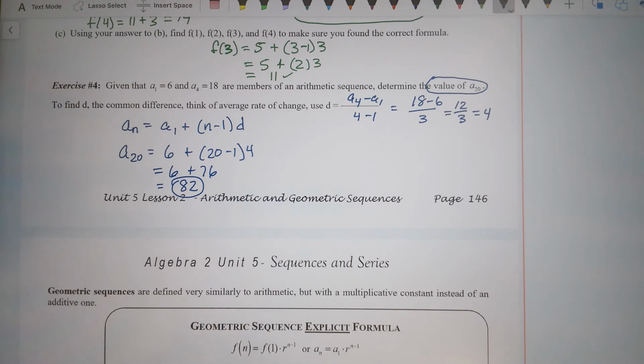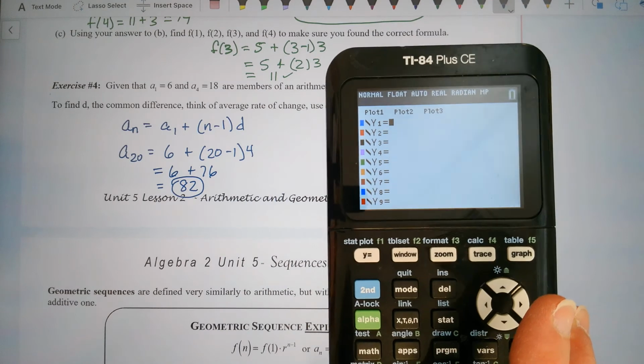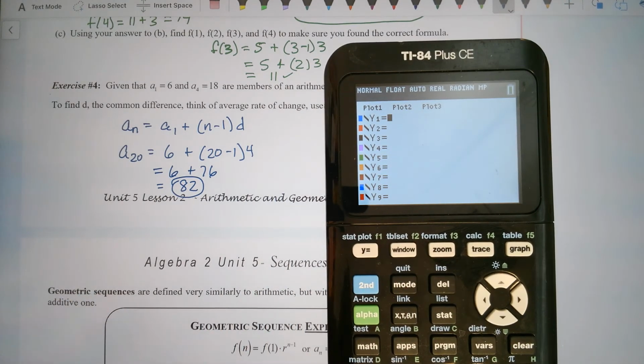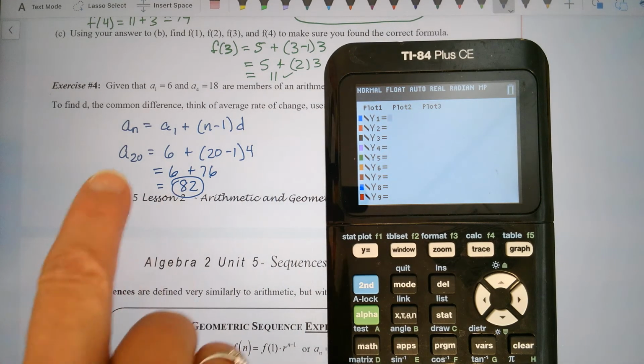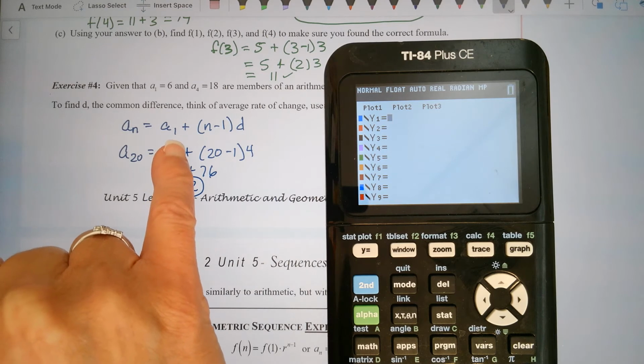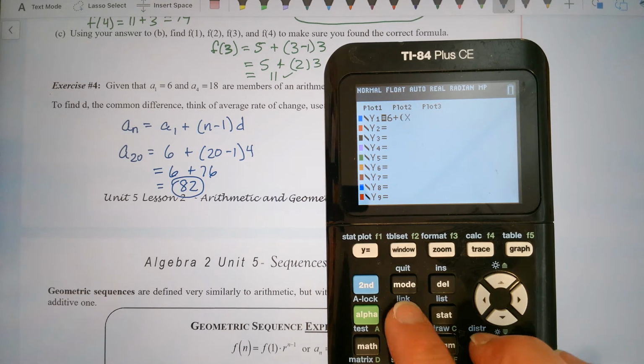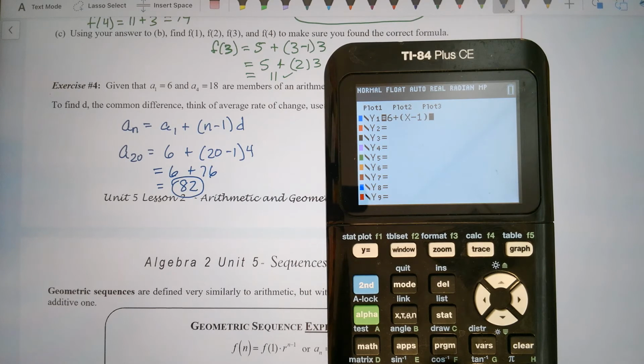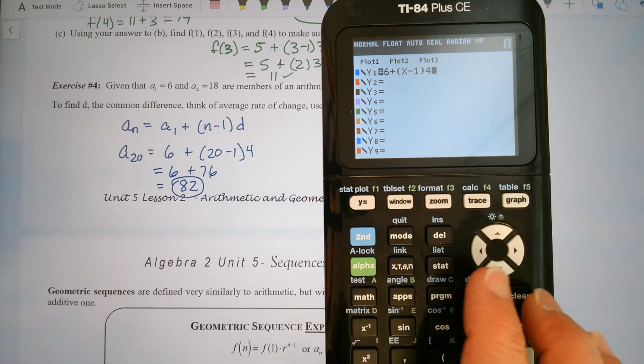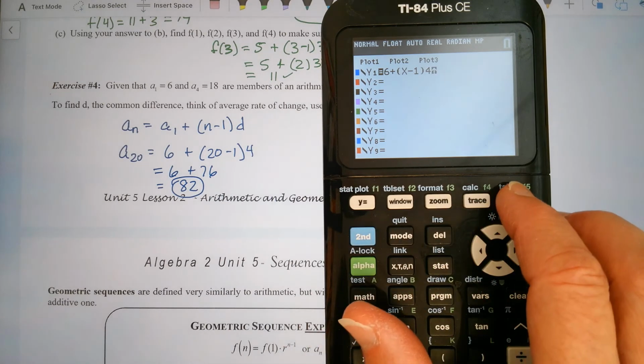Something like this can always be checked on the calculator. If I put our formula in as 6 plus parentheses x minus 1 and then 4, then look at the table of values.